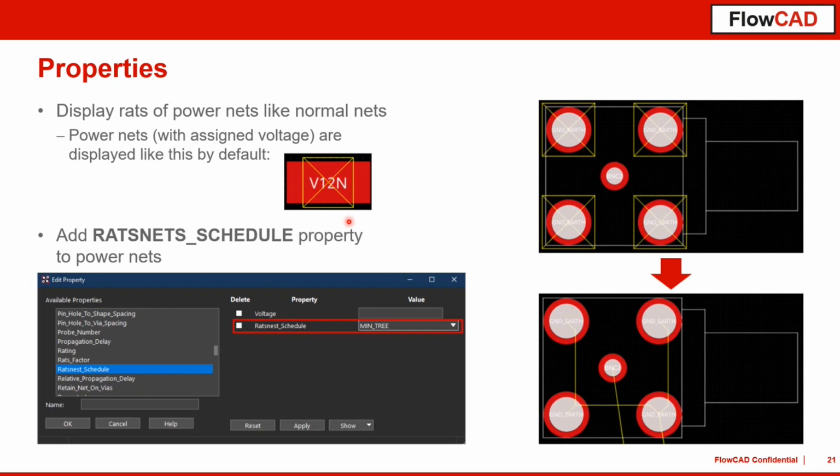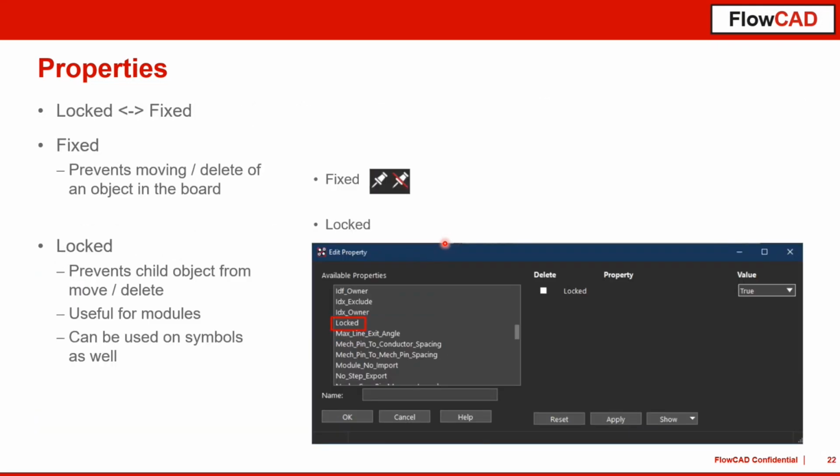I will talk about this a little bit later when we are talking about the XNets. Therefore, this voltage property should not be removed, but instead we can set a ratsnest schedule on the power net, and then it will be displayed like a normal signal net, if you want to. So, as mentioned, some users don't like this display and want to have the normal display of the ratsnest also for the power nets. So again, a property for this.